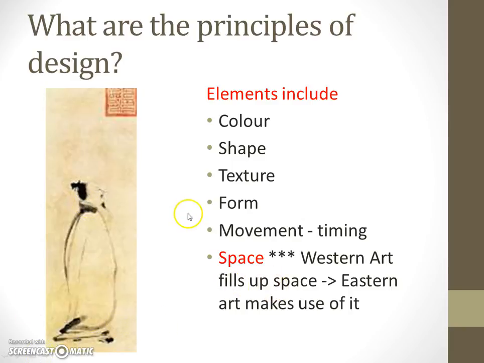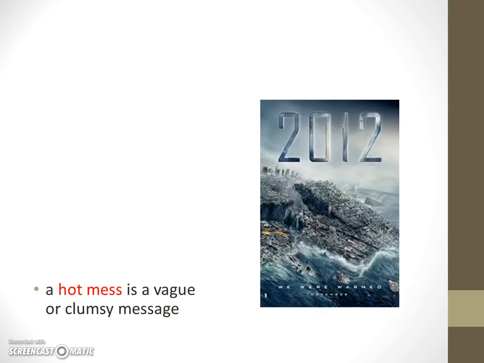Space doesn't have to be filled. Space tells a total story. In Western art, I think they like to make sure all your bases are covered, but as you can see, in Eastern art that's not necessary. Don't be afraid of space.